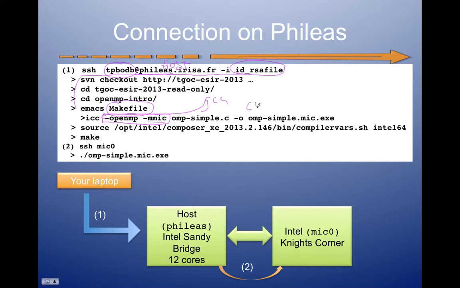So this is a cross compilation. You need to source the path for the Intel compiler, and then you can do make. Make happens here. When you're done, you SSH onto the KnightCorner, and then you can execute the code.